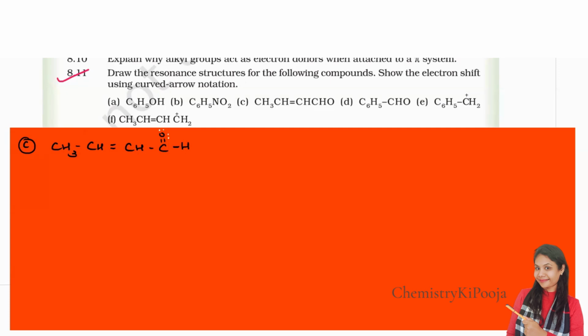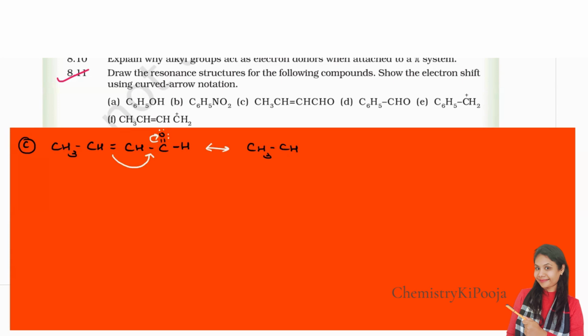Now oxygen, since it is electronegative, is going to pull this electron towards itself, and then we will get the resonating structure: CH3, CH, and here since this double bond has been shifted, definitely the adjacent double bond should also shift over here. So there is basically delocalization of electrons.